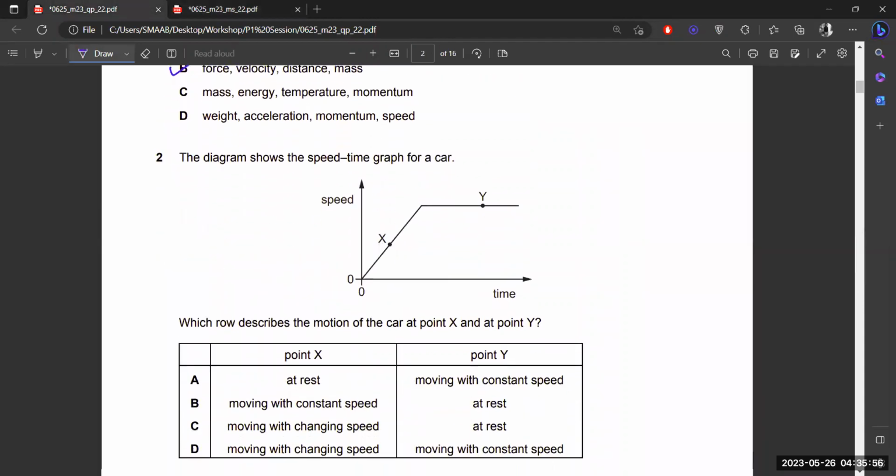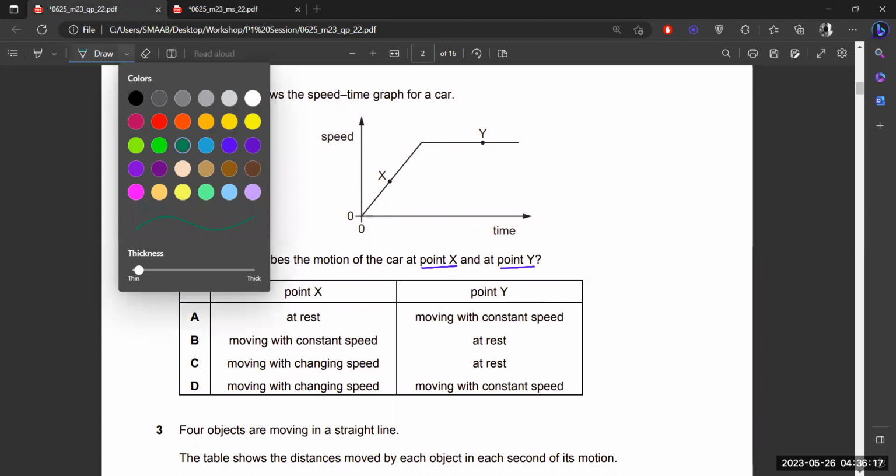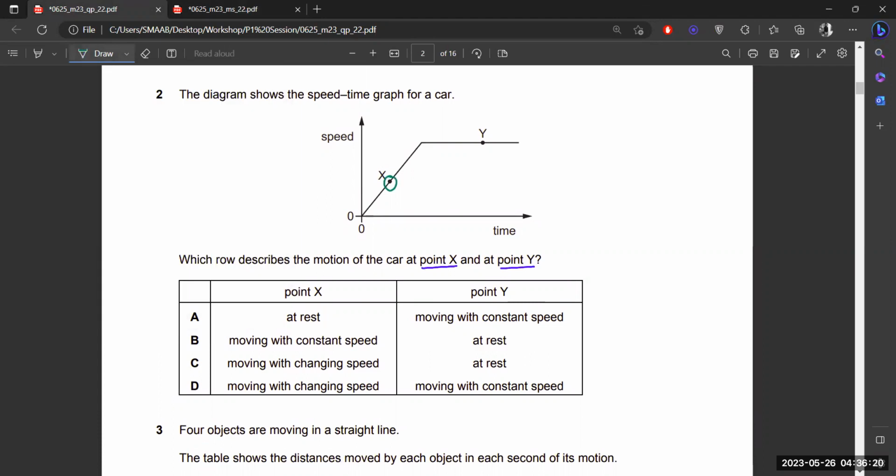Let's move towards the second one. The diagram shows the speed-time graph for a car. Which row describes the motion of the car at point X and at point Y? So first of all, if you check the graph, at point X there is a straight line passing through the origin.